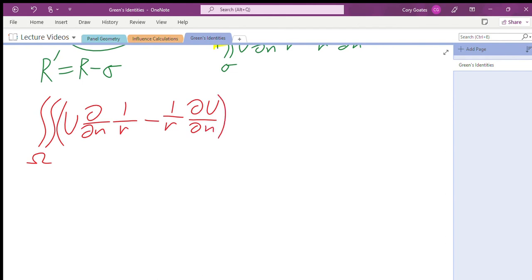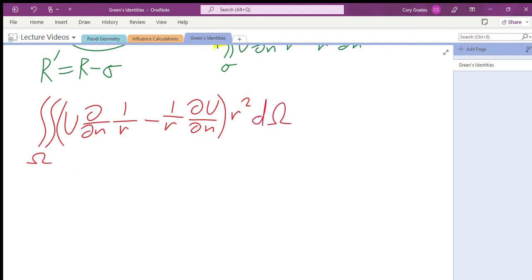Now to transform, again, think of the 2-dimensional case. If we're going from a line integral to an angular integral, we need to multiply by r in order to get the proper change of coordinates. We do the same thing for solid angle, but instead we multiply by r squared. Because our solid angle is a dimensionless quantity, and we're doing a surface integral, we need to multiply by r squared to get to the proper result, d omega.